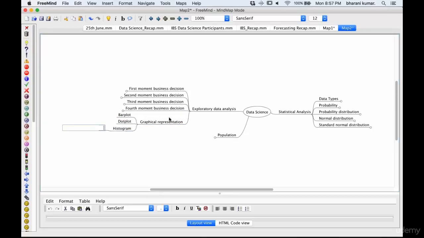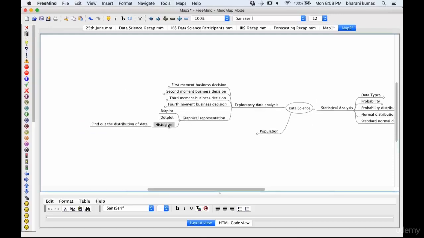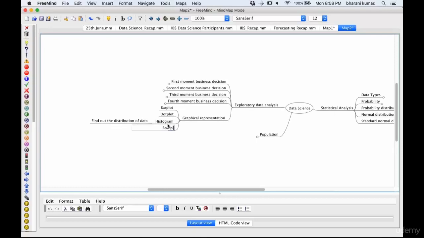Histogram is primarily used to find out the distribution of the data, though you can use density or probability distribution plots. Then we have box plot, which is primarily used to identify outliers. Of course, these can be used in combination to get better benefits. Histogram and box plot, they both complement each other.